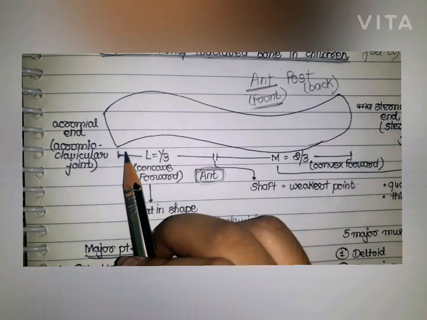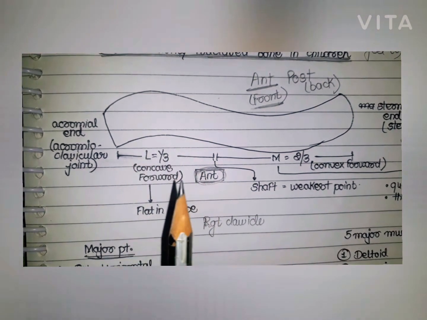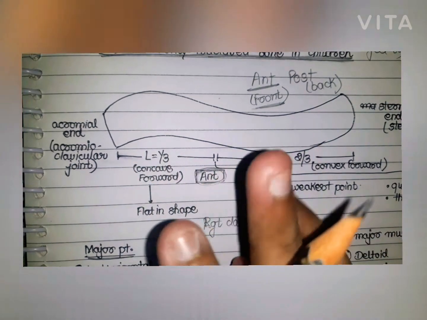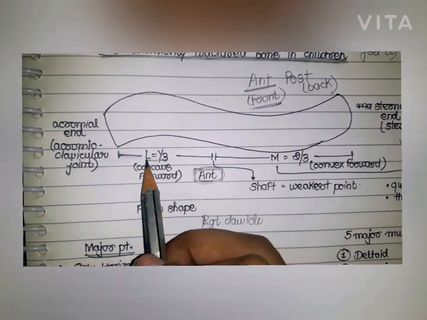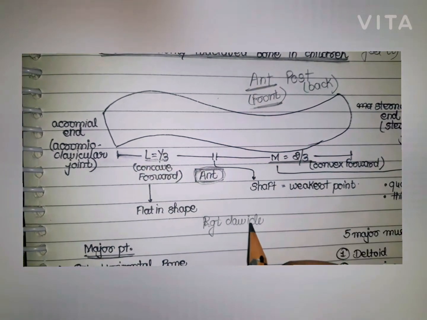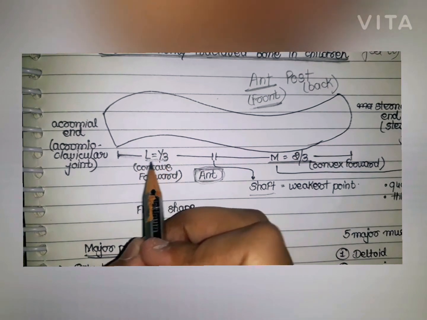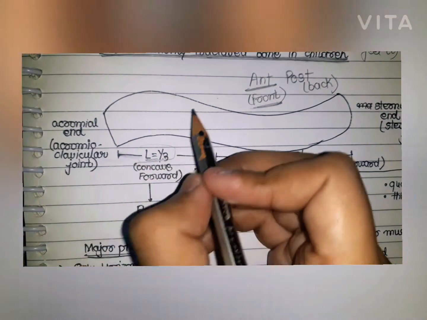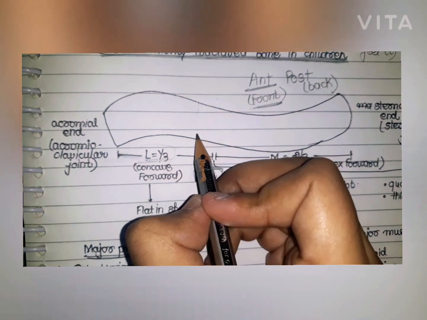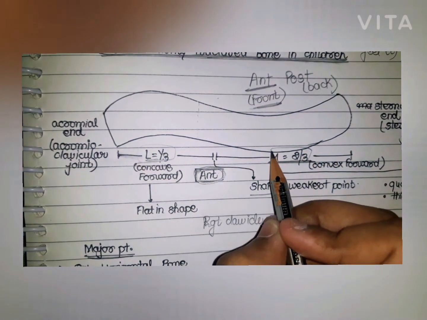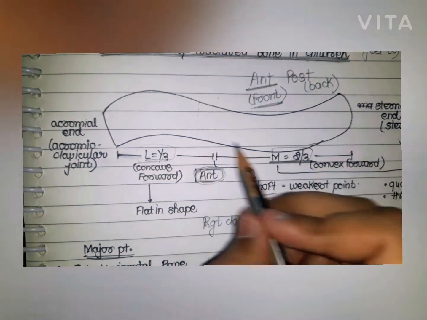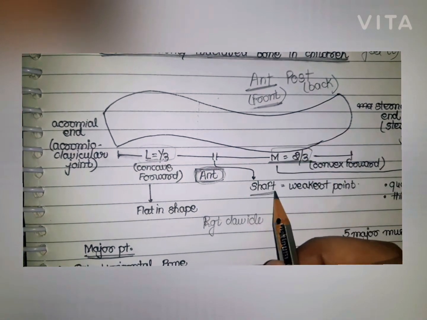show like this only. Okay, so the clavicle bone is divided into three parts: the lateral part, the medial part and the shaft. We have one third of the lateral part in the clavicle bone, which is approximately here, and two-thirds of the medial part, which is this part. Okay, and shaft. What is shaft?